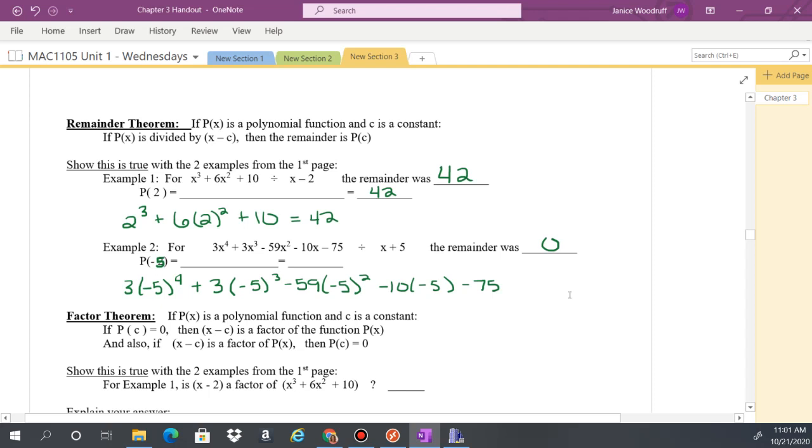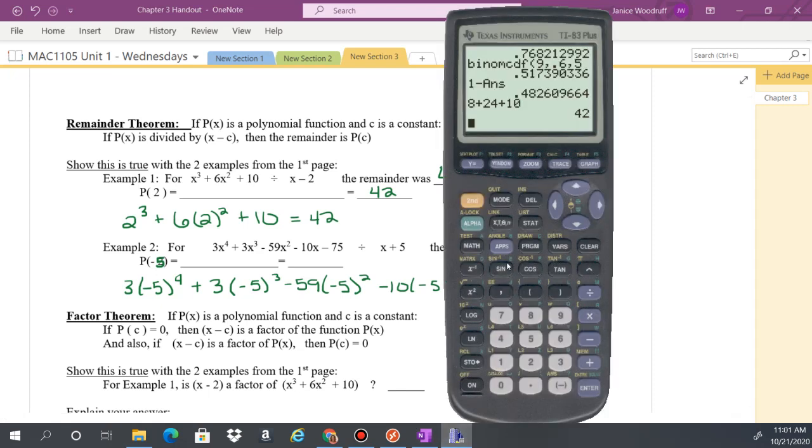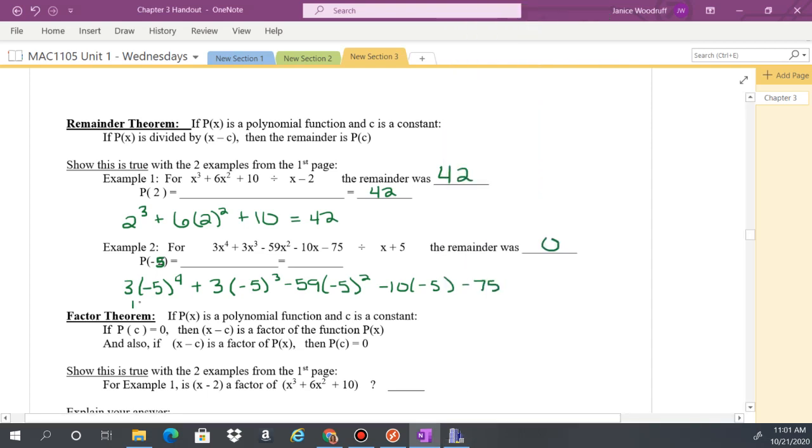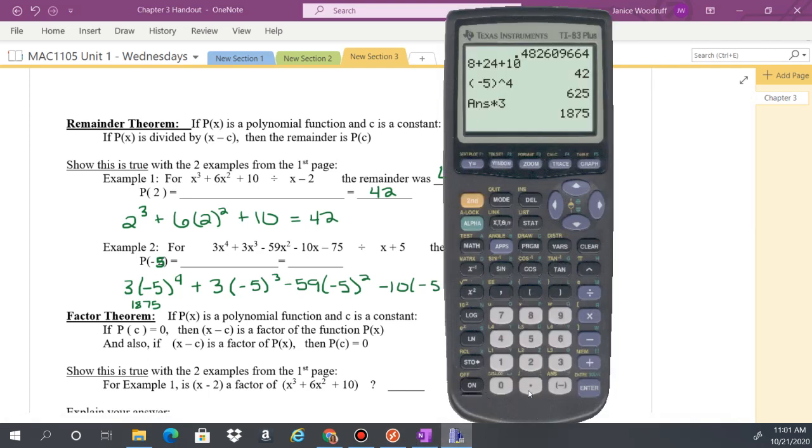All right, so let's check those. Negative 5 to the 4th is 625 times 3. That gives us 1875. Negative 5 cubed is going to be negative 125 times 3.